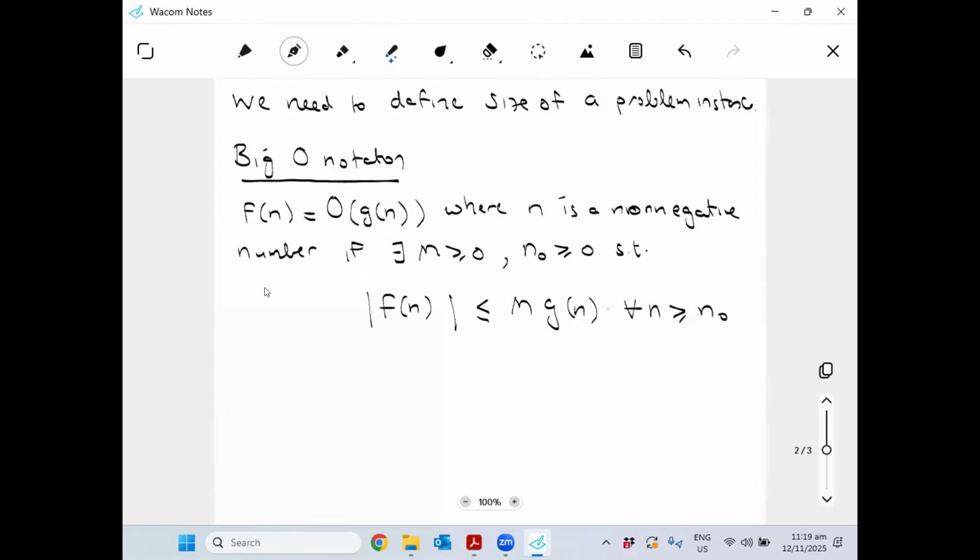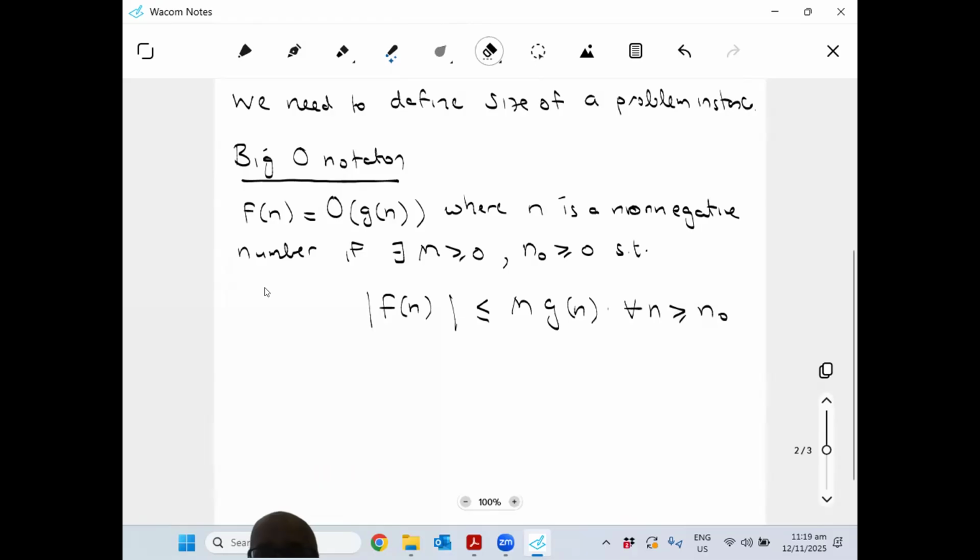Okay. So let me tell you what this definition says. I'll give an example. Basically, it says this function f of n behaves like the order of g of n if you increase n beyond some number. It grows at most as a constant times this function g of n. So asymptotically, f of n cannot grow faster than g of n when n grows large enough. Okay.